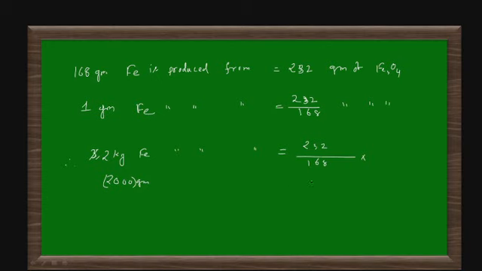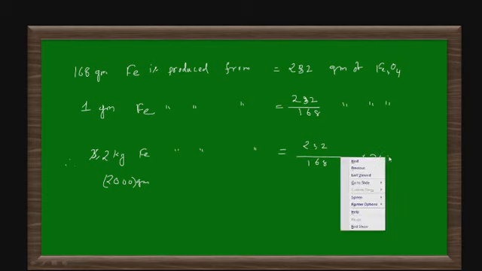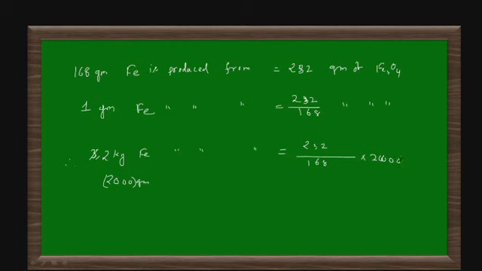So we will use this value in gram, into 2000 gram of Fe. Now the answer will be 232 into 2000 divided by 168.